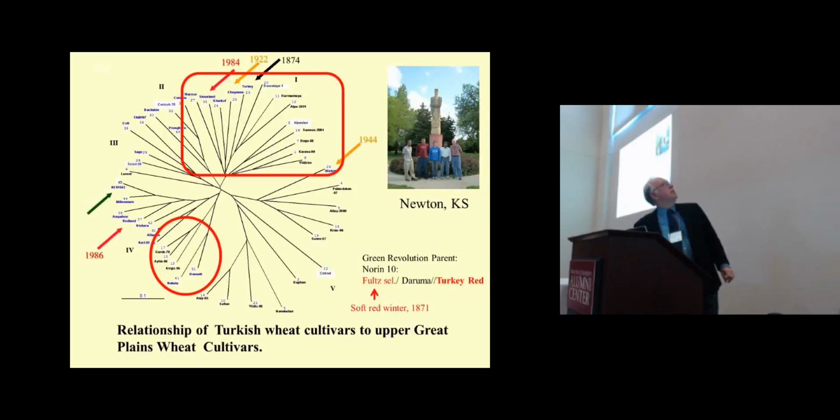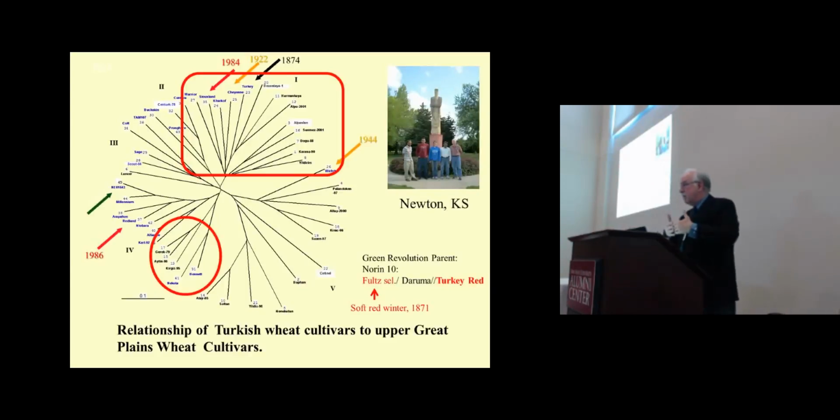And I think what's interesting is if you look at Turkey, very close to Turkey is Cheyenne, very close to that is Kharkov, and then Sulin, the wheat that I told you about that was so stunning, is very similar to the original wheats coming out of Turkey. You also see another one where you can see Bennett and Nakota with some of the Turkish wheats. Then you see programs where they're specifically adapted to Turkey, specifically adapted to the Great Plains.